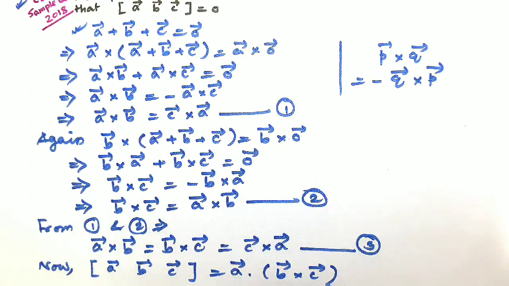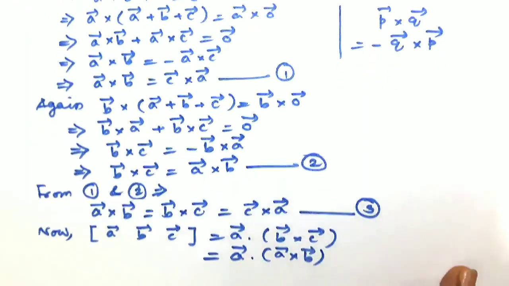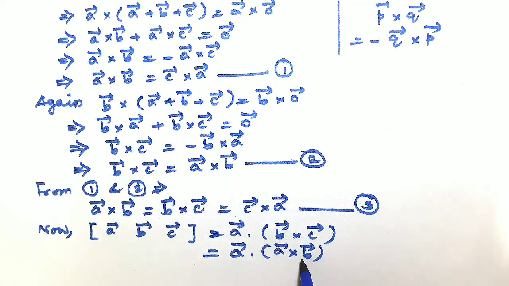And we can write here A vector dot, what is B cross C vector? B cross C vector is equal to A cross B vector. So replace this one by A cross B vector. Okay. So A dot A cross B vector means this is scalar triple product A vector, A vector, B vector.